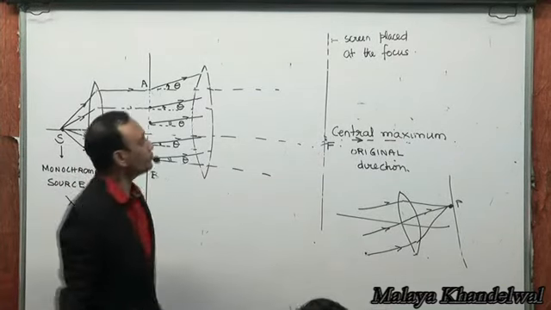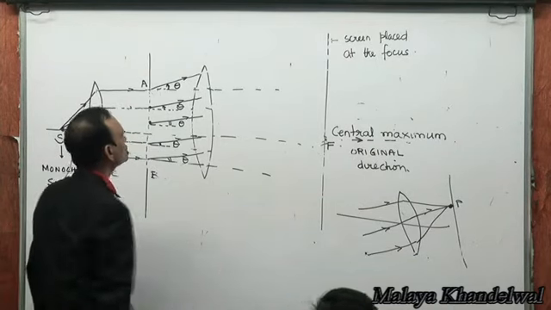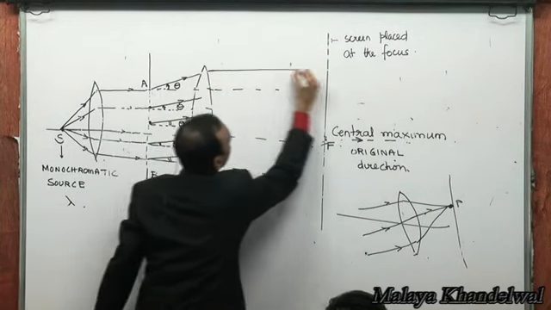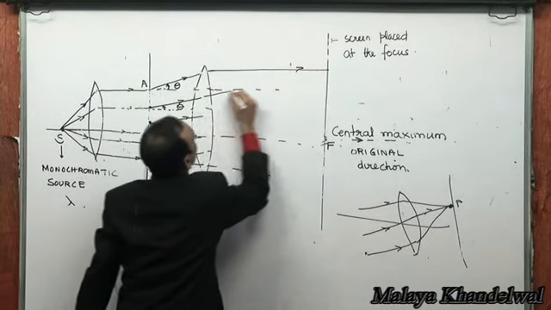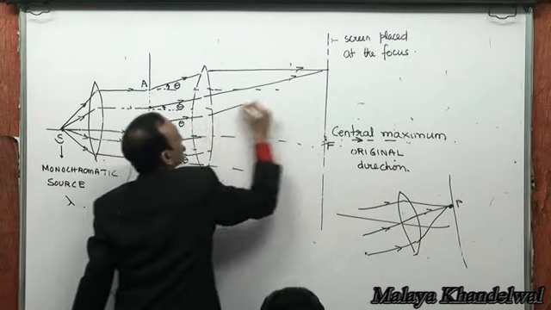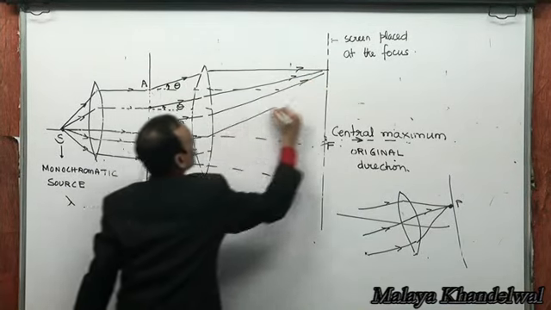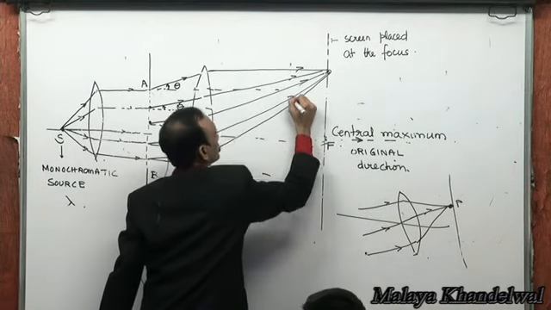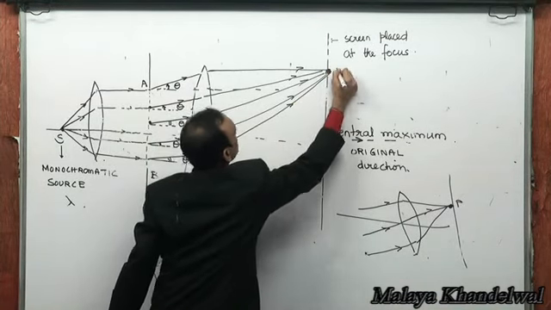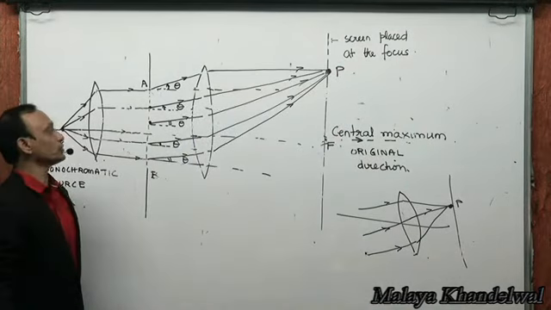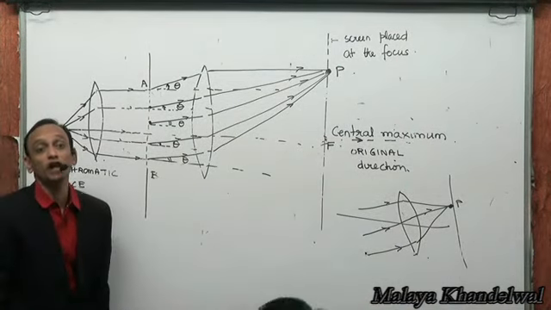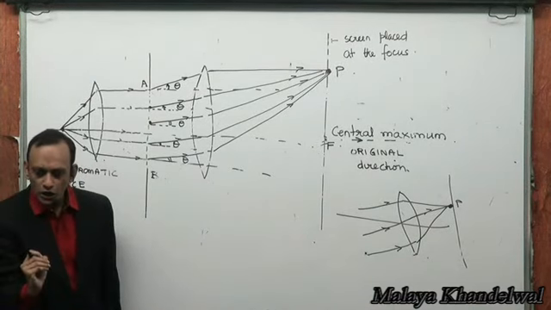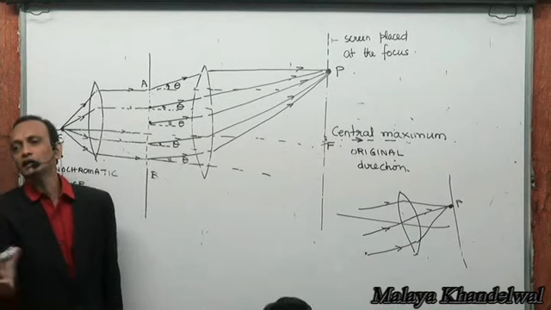Yes or no? So, again, you would expect the beam diffracted at an angle theta to get focused at some point P in the focal plane of the lens. Yes or no? This is for a beam diffracted at an angle theta.